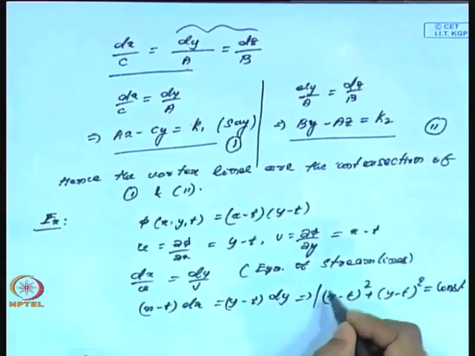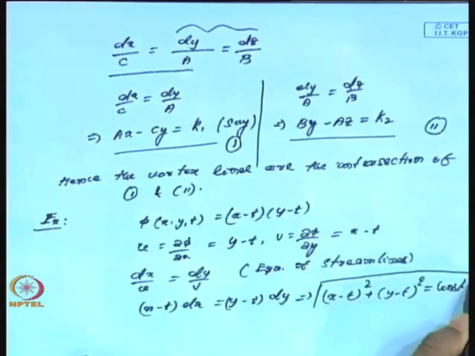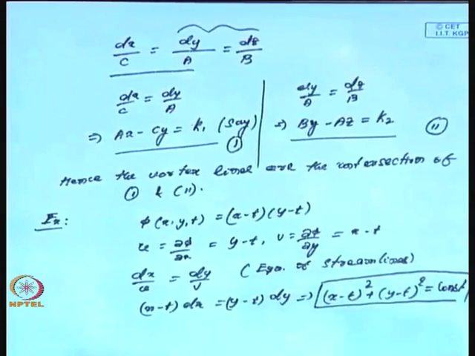So, these are the equations of the streamlines. Here the center of this circle, for various values of the constant, we get a streamline, and here the center is just the time t.